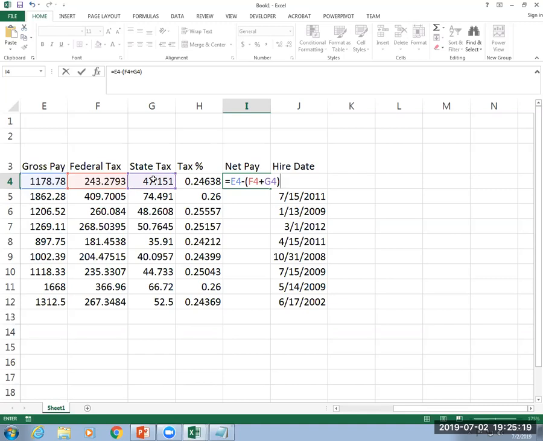Because when you are doing order of operations, you do negation first, and then you do addition and stuff after. So it's going to put in the negation on here, and when we subtract, these two things added together are going to be subtracted from E4.